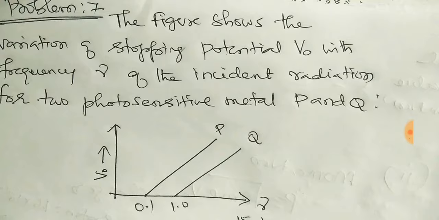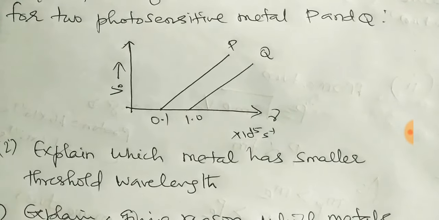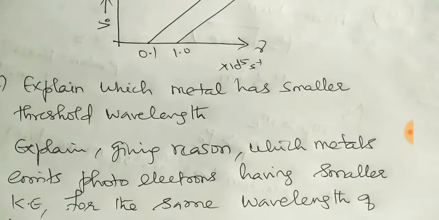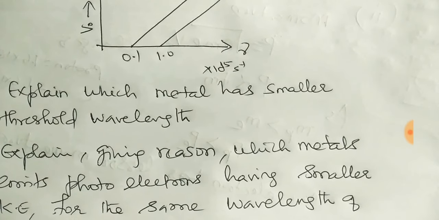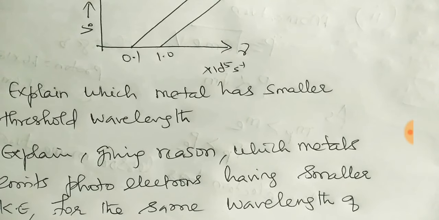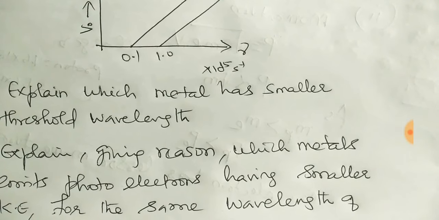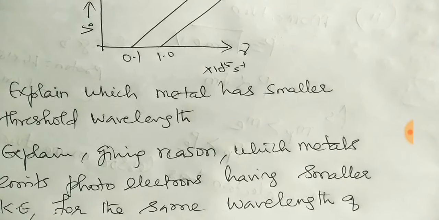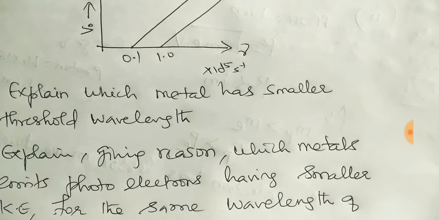What are the questions? First question: explain which metal has a smaller threshold wavelength. Second subdivision: explain, giving reason, which metal emits photoelectrons having smaller kinetic energy for the same wavelength of incident radiation.